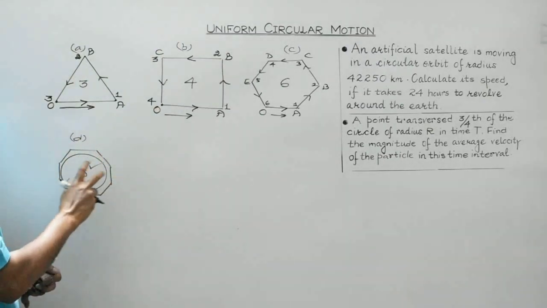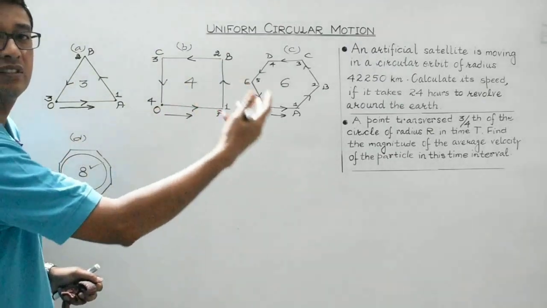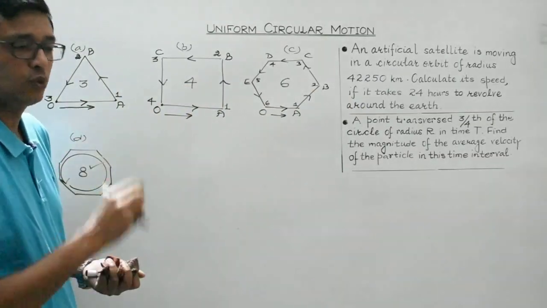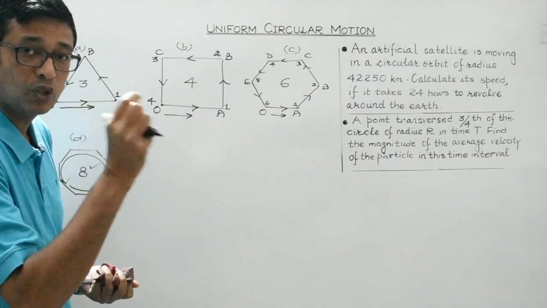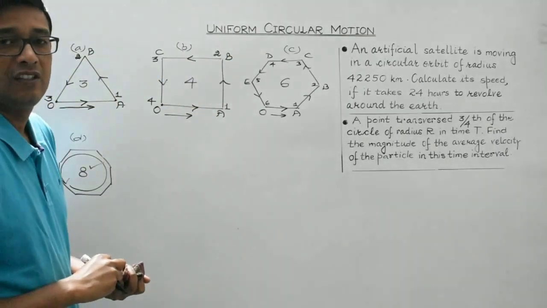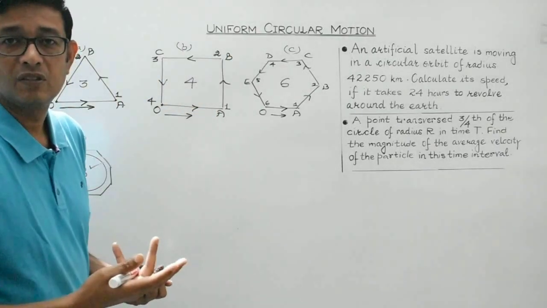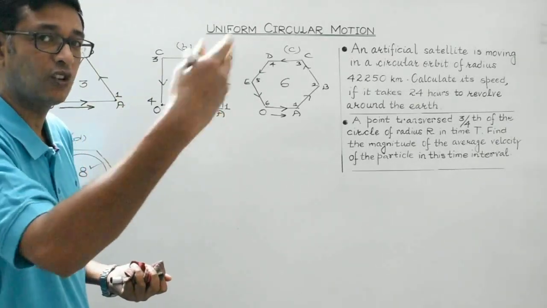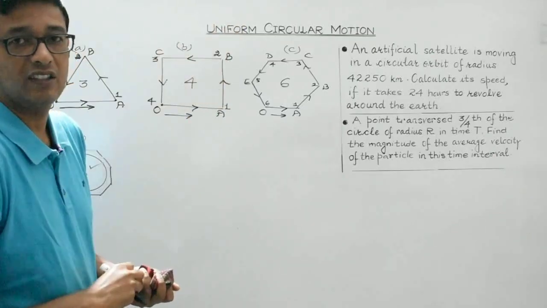Here it has got 8 sides, then 10, then 12, then 16, then 24, 48, and so on. Suppose the number of sides of the closed figure keeps on increasing gradually. So the number of times the person or the body has to change its direction will also change accordingly. It will also increase accordingly.